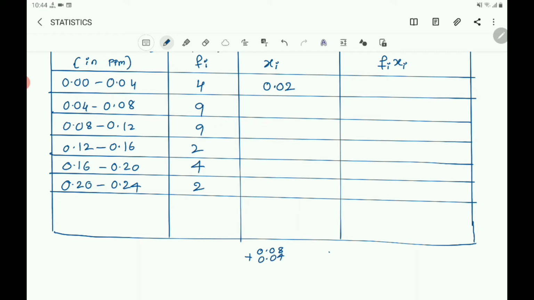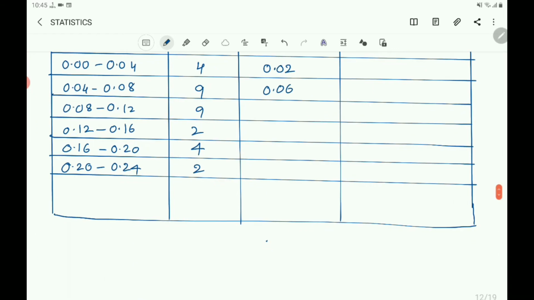You know that 8 plus 4 is 12. You will get 0.12 by 2, that equals 0.06. That is nothing but 0.02 plus 0.04. Again you can add 0.04 to 0.06, then you will get 0.1.